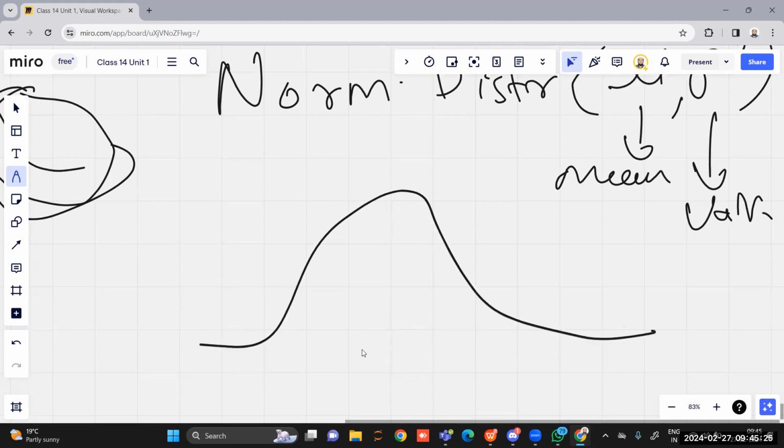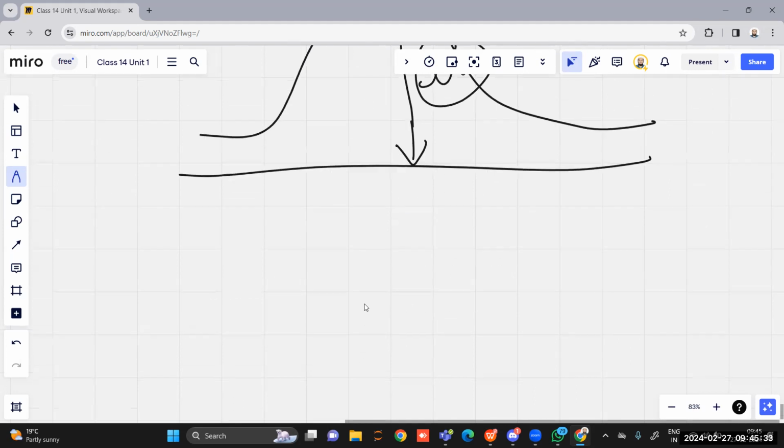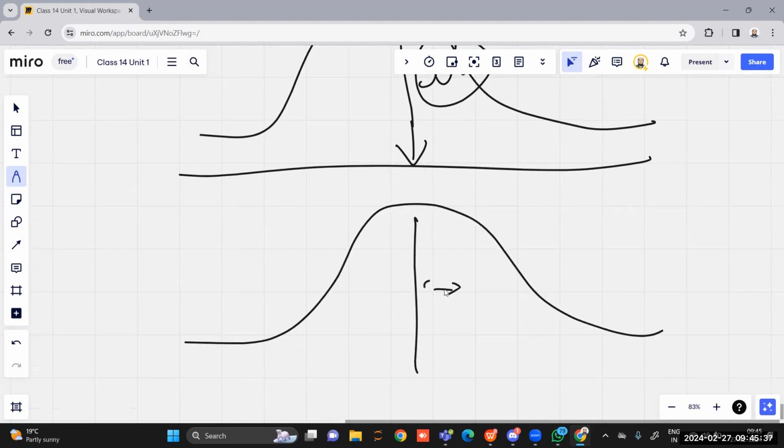When we draw this peak, this peak gives us the mu, correct? And the first standard deviation, the value of sigma. When we add some sigma to the mean, we get the first standard deviation, mu plus sigma.